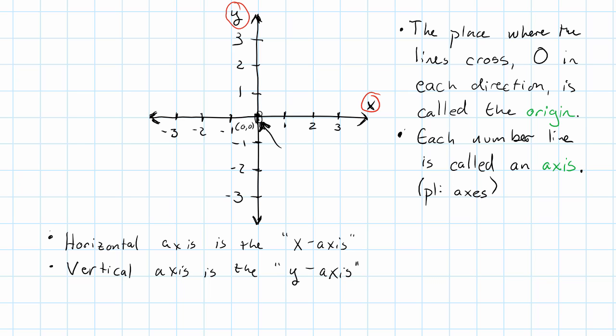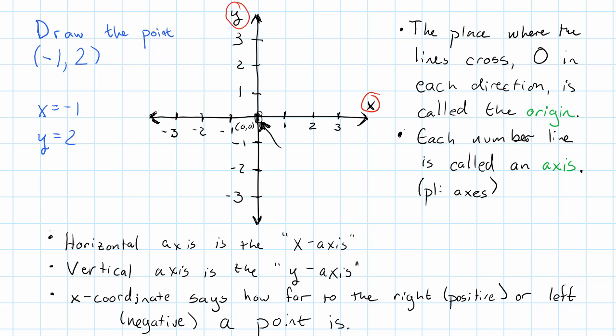How would we use this to visualize the point, say, -1, 2? Now that's an ordered pair, right? That's the point where x is -1 and y is 2. We understand the x-coordinate as telling us how far to the left or right of the origin we are.